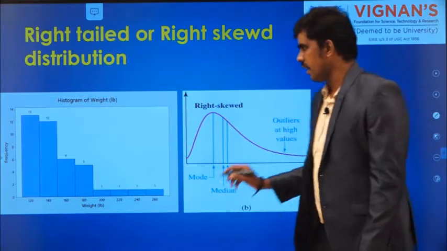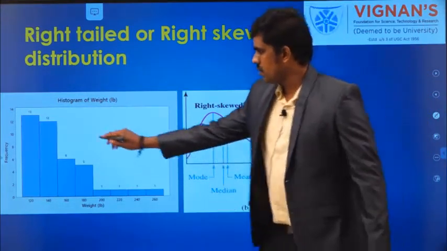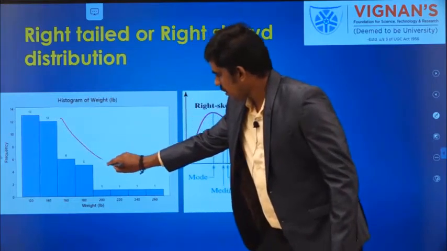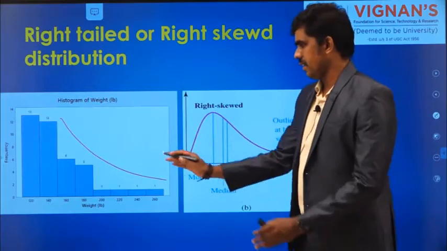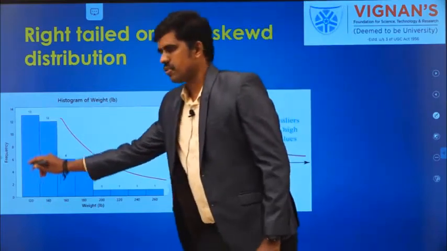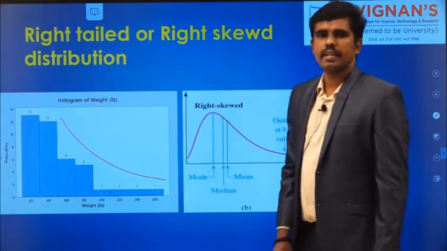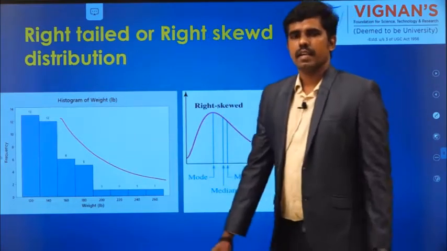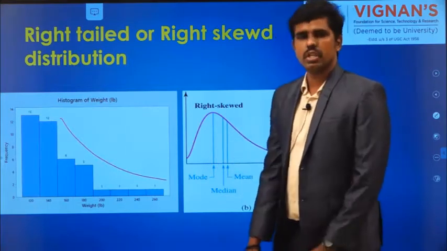You can understand by looking at this example. First look at the histogram graph. You see here you have a long tail on the right side. Even though we have peak values on the left side, we have a long tail on the right side. That's why it is called right skewed or positively skewed.